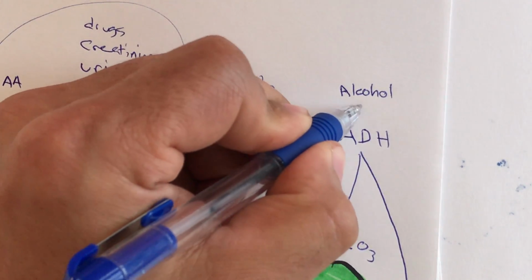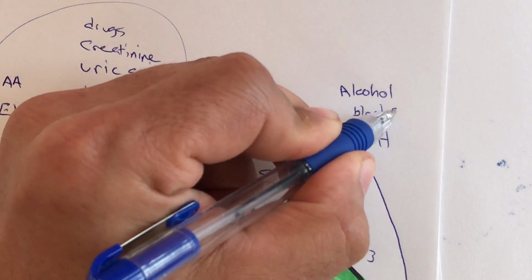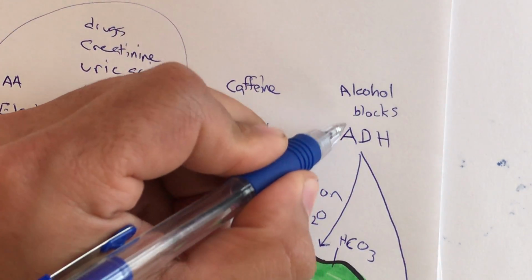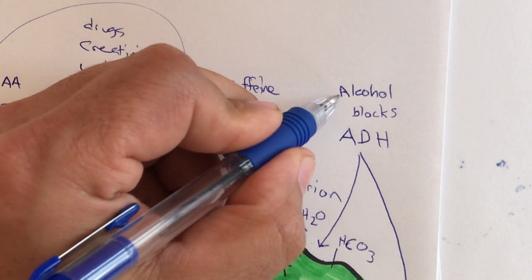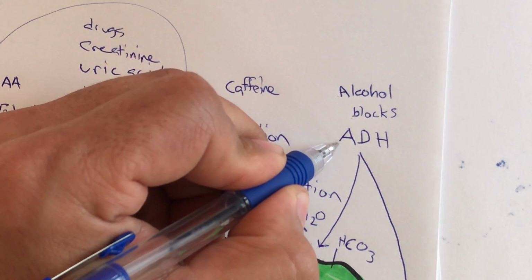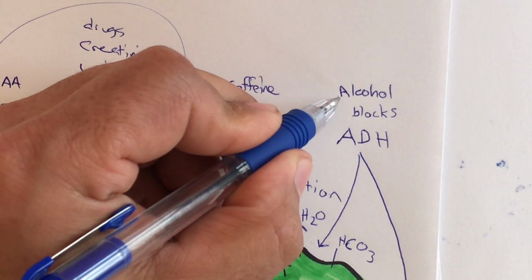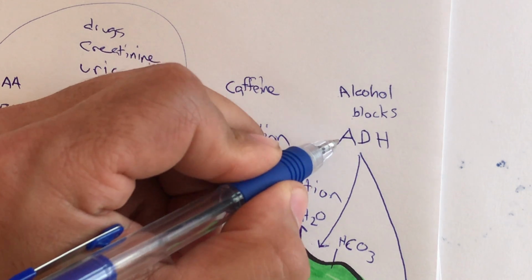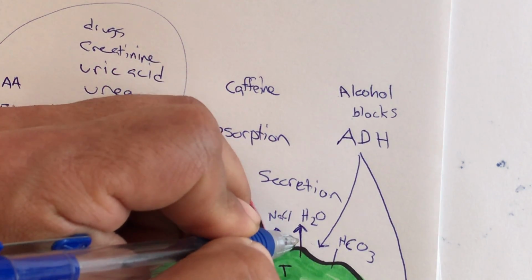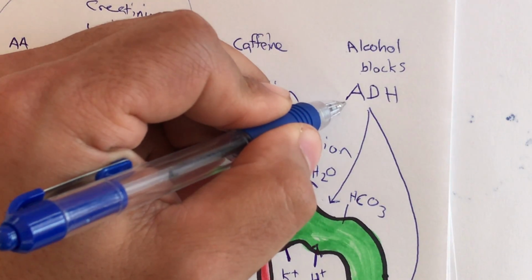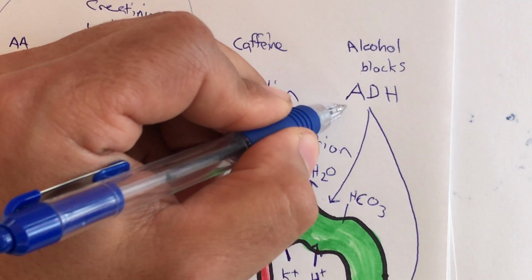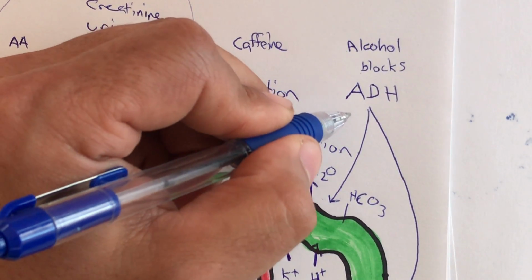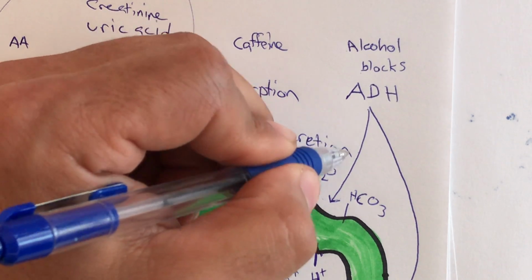Alcohol blocks ADH. Alcohol blocks the production of ADH. If alcohol stops us from retaining water, remember ADH is normally made in the body. Antidiuretic, to retain, to keep us hydrated.